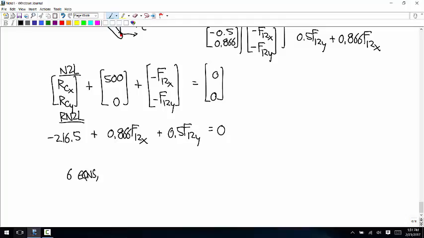RA, that's 2 more, so we had 4. Now we've only added 2 more, RC. And so we have a system of 6 equations, 6 variables. You can solve it easily by reduced row echelon form, and it'll give you all those forces. Any questions about that? Okay.